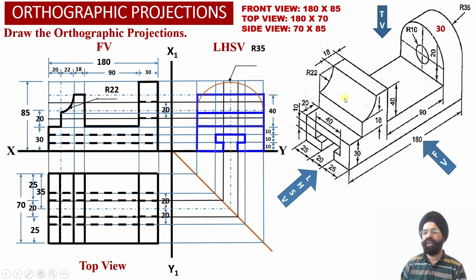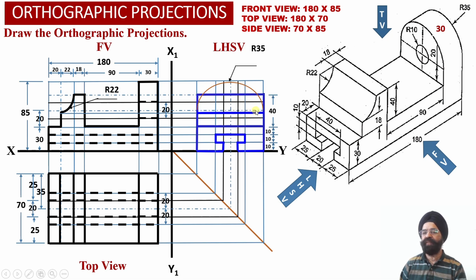Whereas corresponding to the circular cross section, we are not able to obtain the true shape projections into the left hand side view over here. So these rectangular projections which we have obtained corresponding to the circular portion of the element number 2, that is the rectangular block, we are not able to get true shape projections over here.